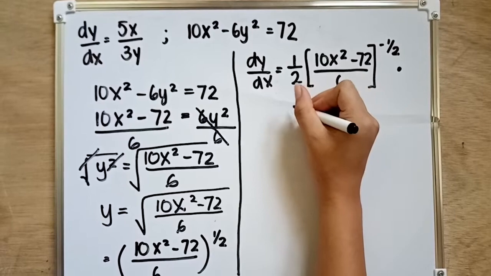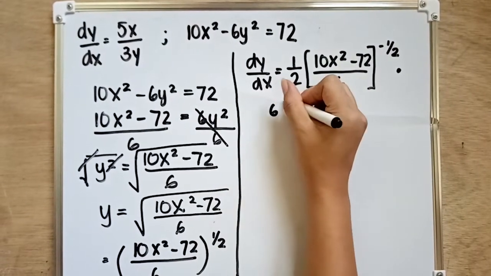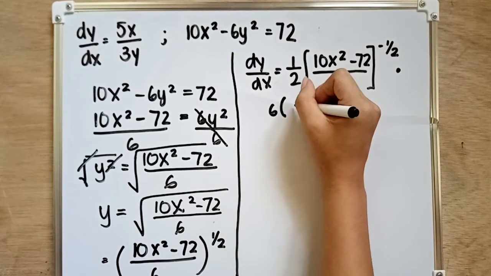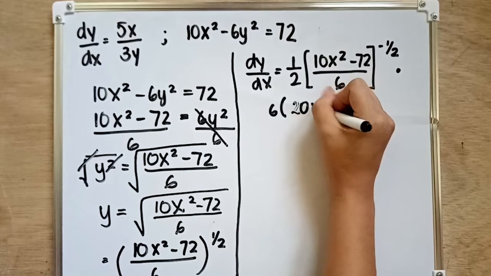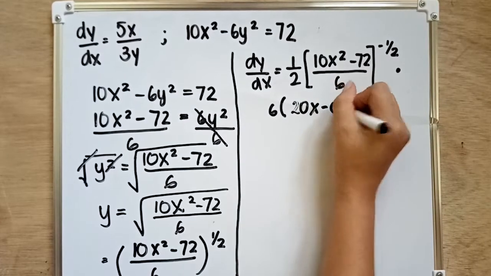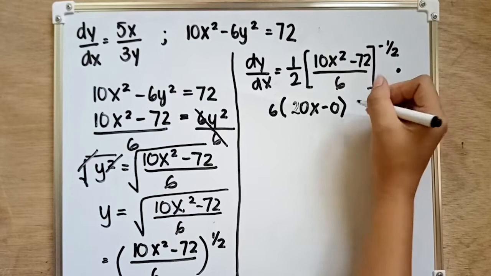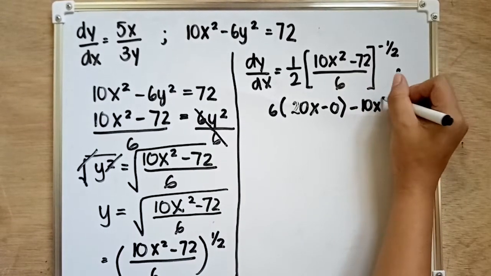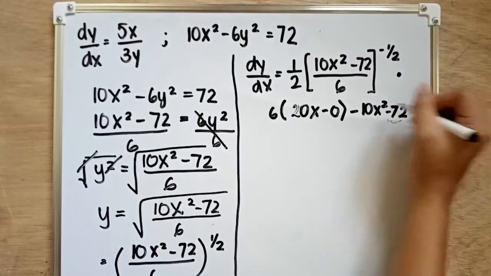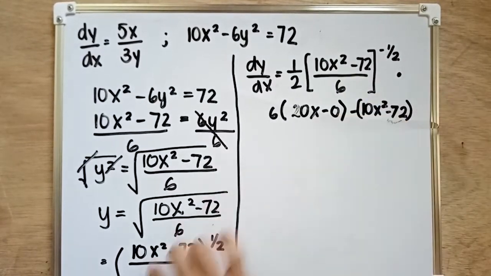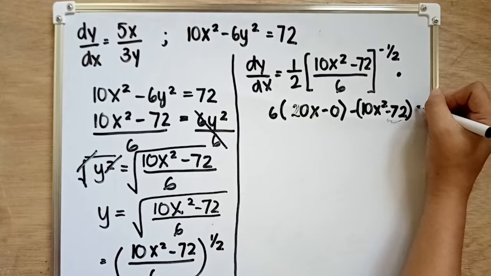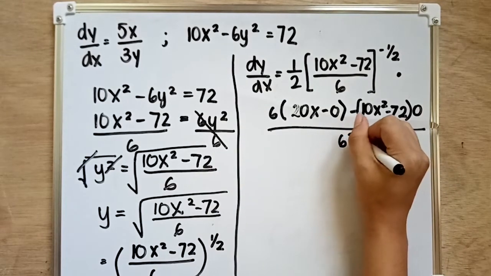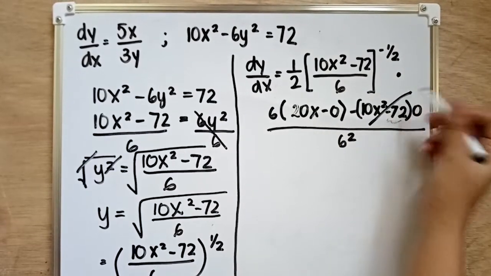Meron tayong 6 times derivative of 10x squared minus 72 is 20x minus 0, minus numerator 10x squared minus 72 times the derivative of the denominator, which is 0, over 6 squared. Pwede natin itong i-cancel since 0 naman siya.